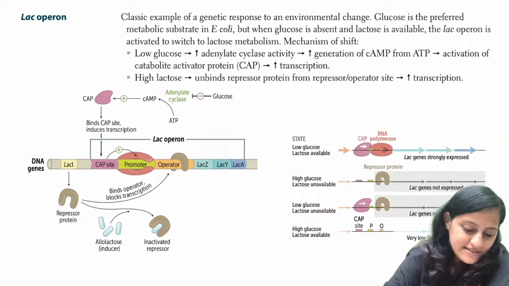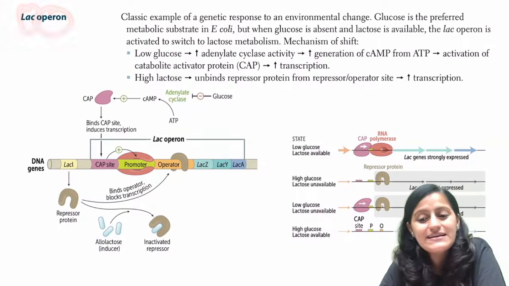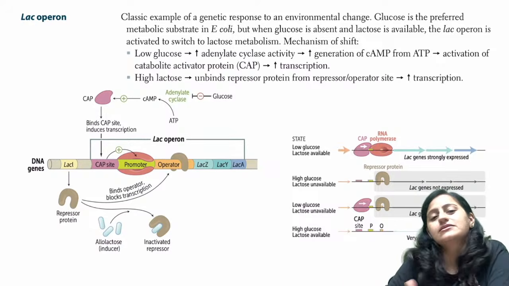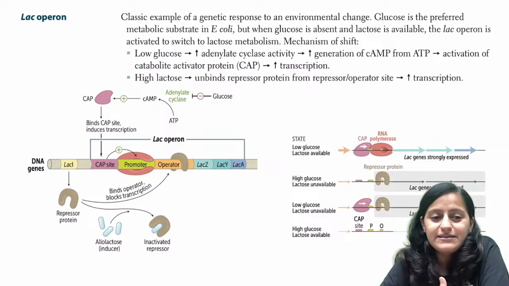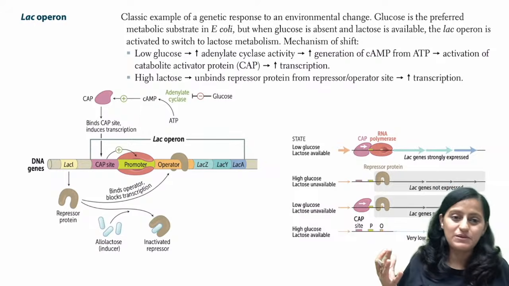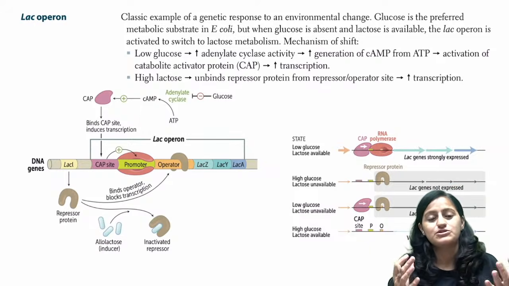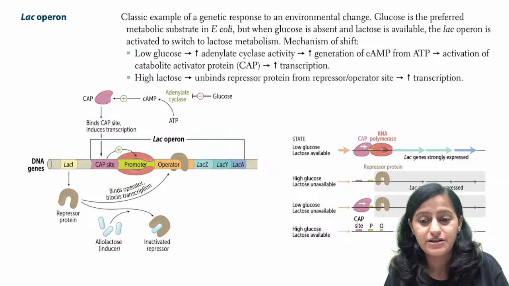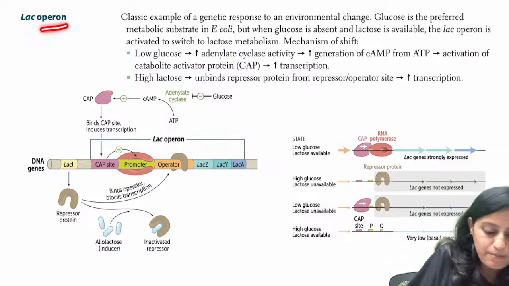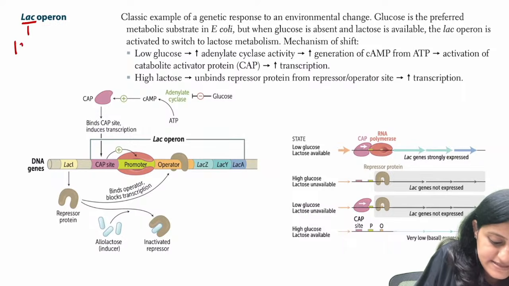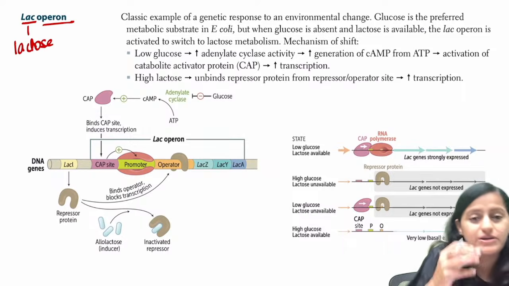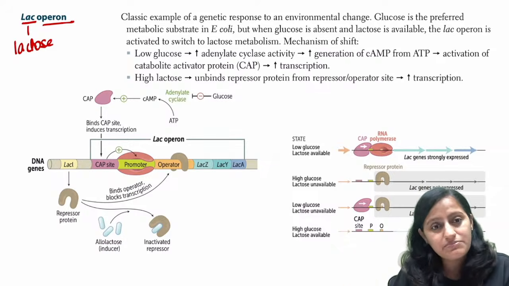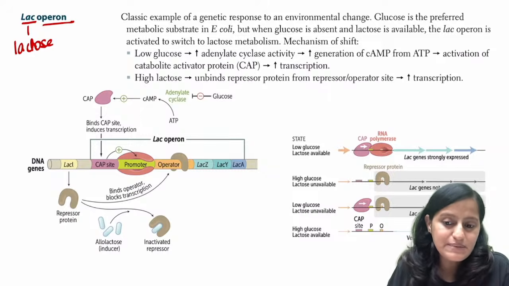So first of all, understand Lac operon. Lac is lactose, and operon is like the opera house: there is an entire orchestra playing, the orchestra of genes which are arranged to control some metabolism in a prokaryote. That is what an operon is. So Lac here stands for lactose, and operon is this orchestra, the arrangement of genes in a sequential manner which regulates this metabolism.